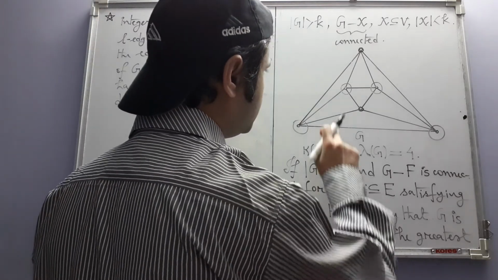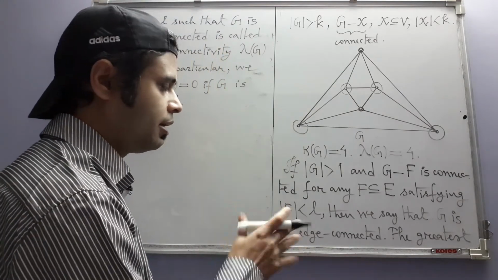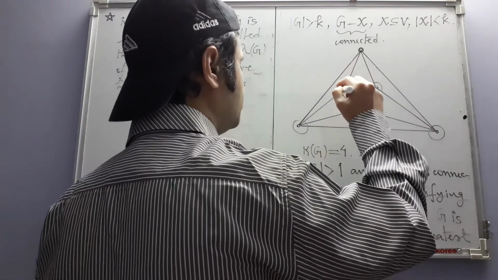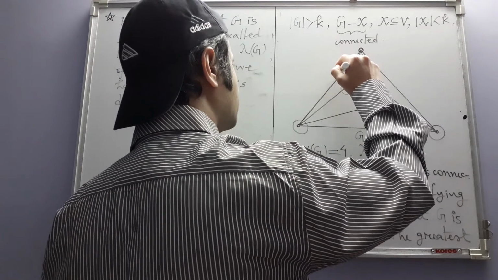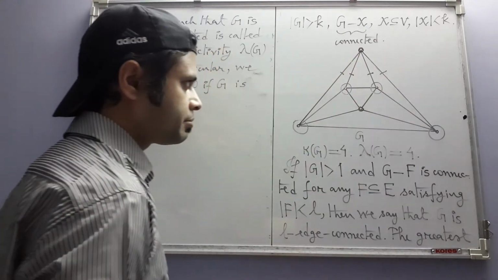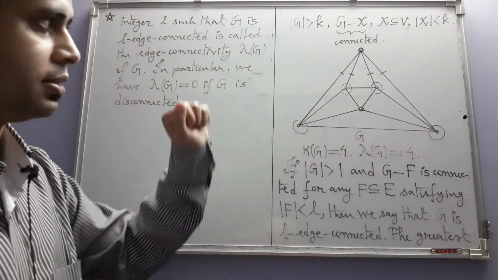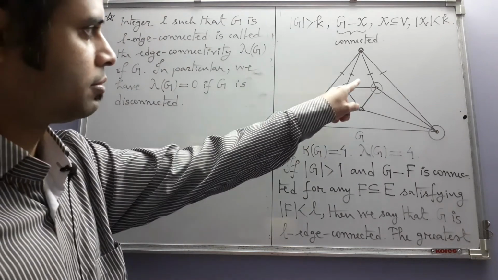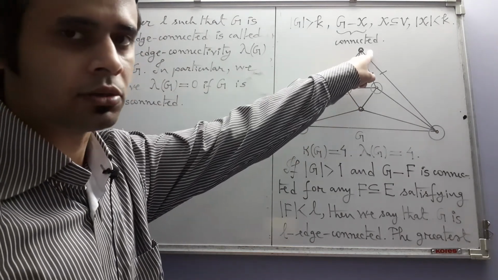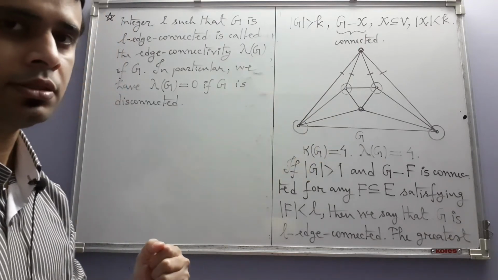You can see if you remove any 3 edges, the graph stays connected. That I leave to you. But if you remove these 4 edges, for example, this one, this one, this one, and this one, then the lower vertices are separated from the top one. So it becomes disconnected. So edge connectivity is 4.